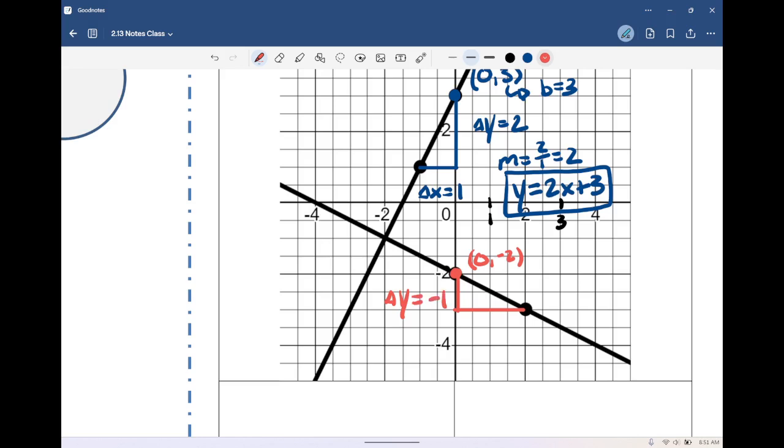Negative. So this is -1. Again, be really careful of scale. And then the change in x is 2, 4 boxes for 2 units. So b is equal to -2, and the slope is equal to -1/2, which together means we have y is equal to -1/2 x minus 2.